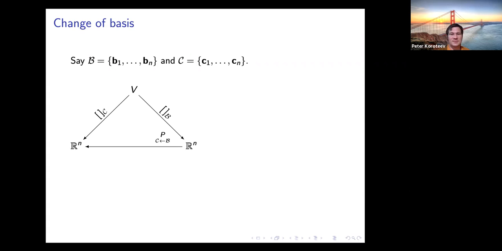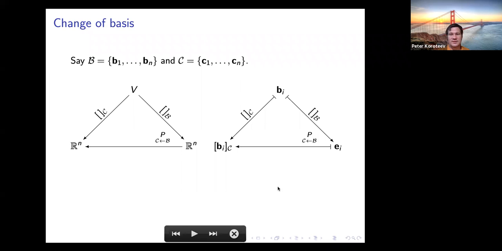Here's the diagram that we are studying. It takes vector Bi from vector space V and sends it to, since this arrow corresponds to the basis B of V, by design, by construction, it sends the vector Bi into vector Ei.